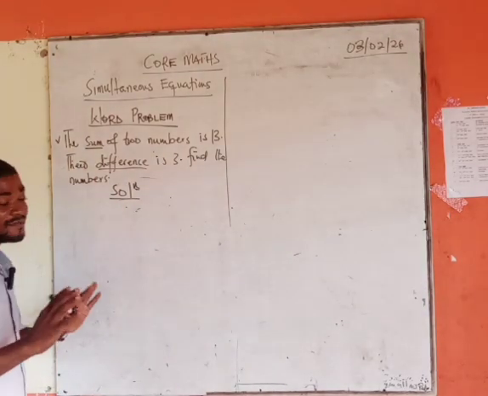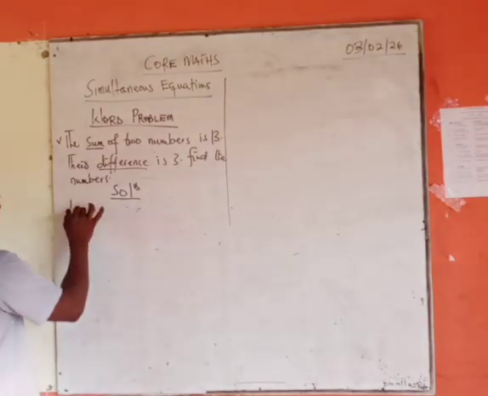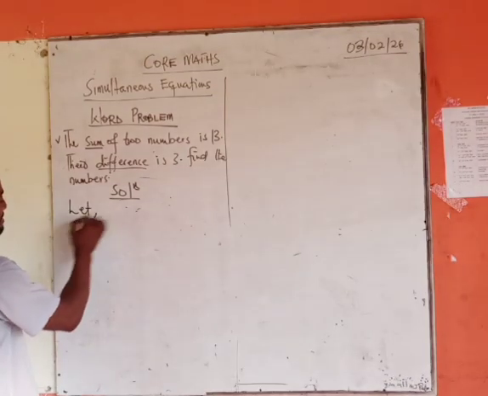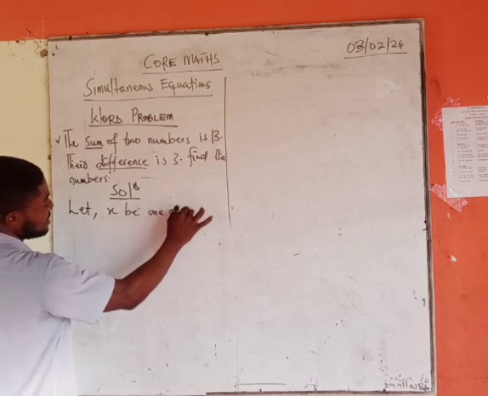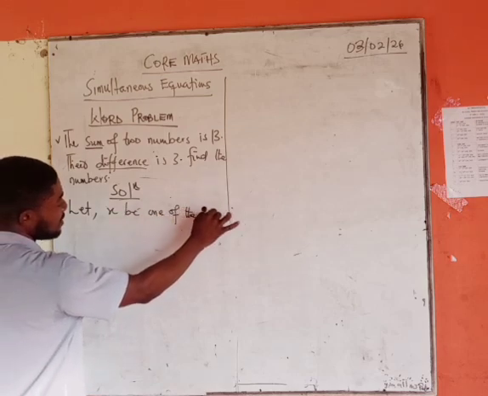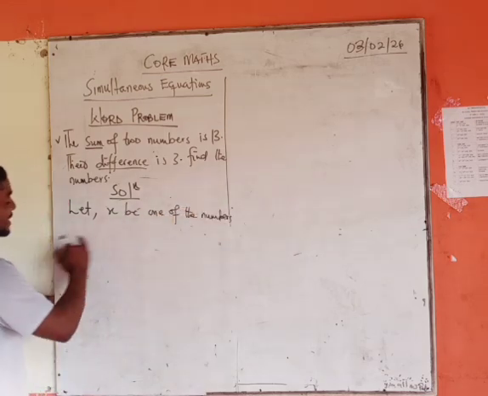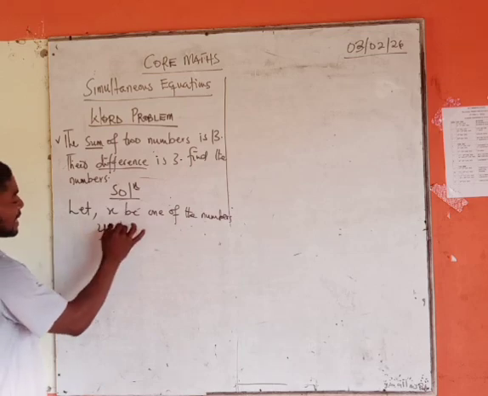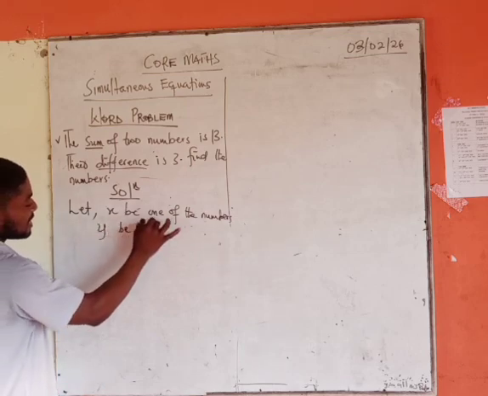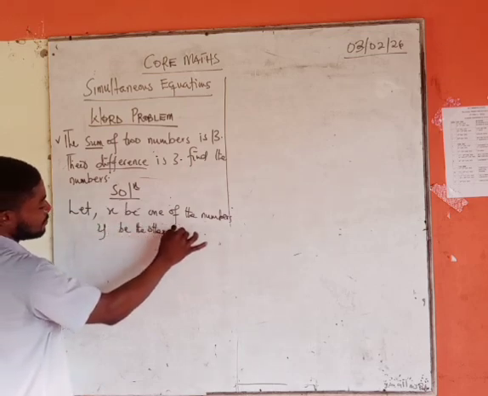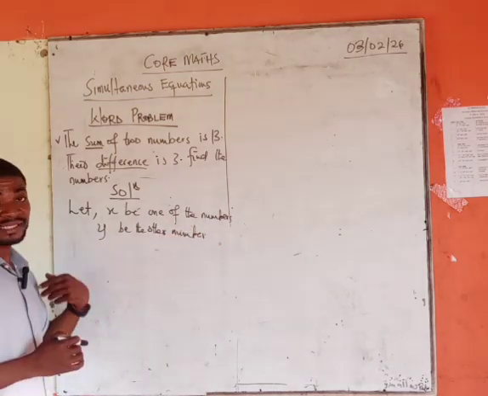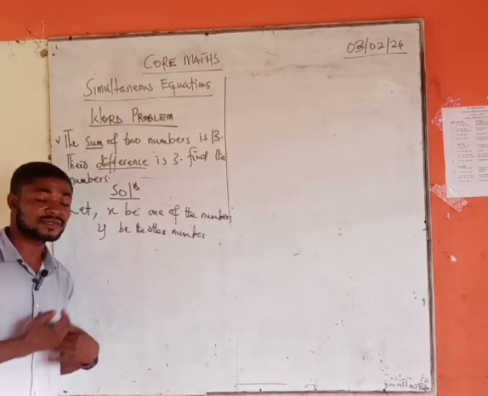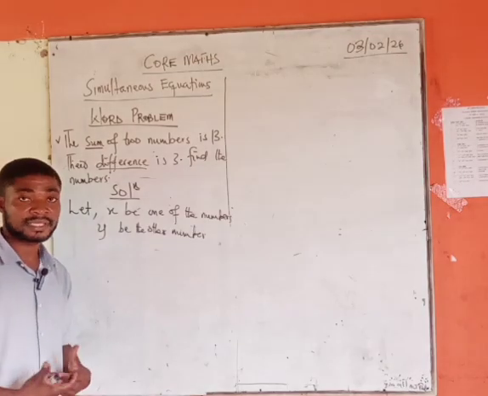If you want to get everything accurate, you first have to select x to be one of the numbers, and then a different variable, say y, to be the other number. So now you have defined x and y. When I see x, I know what you're talking about, and when I see y, I know what you're talking about.